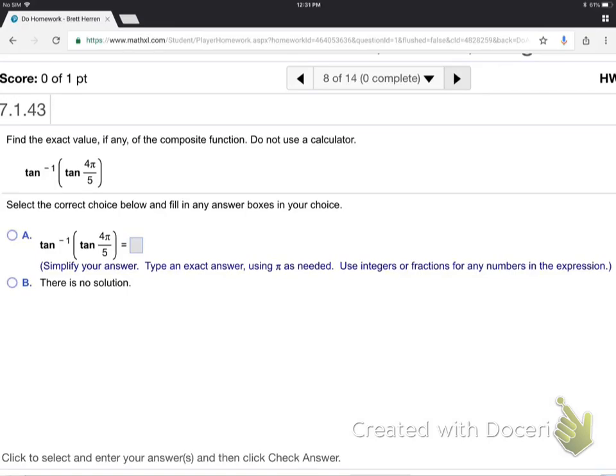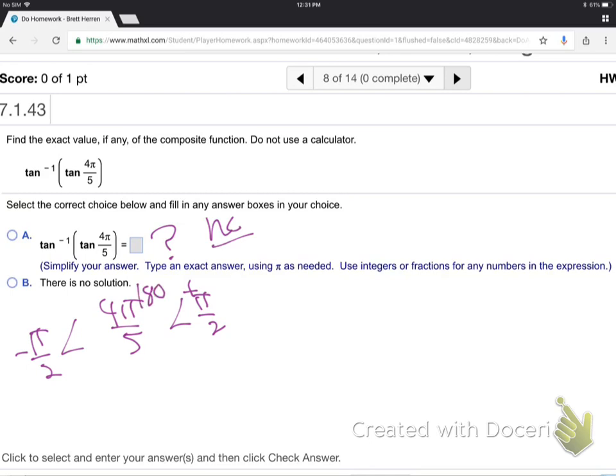But for the next one, is 4 pi over 5 in the zone? Is it? No. Put in 180 here. So 4 times 180 over 5. 4 times 180 is 720.